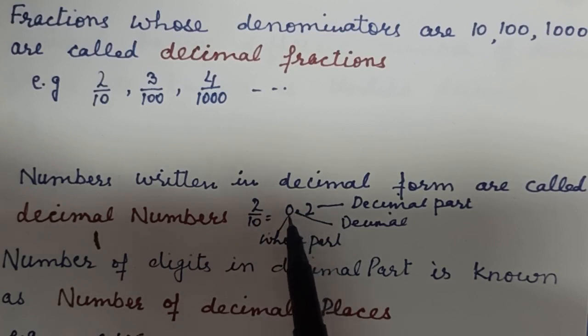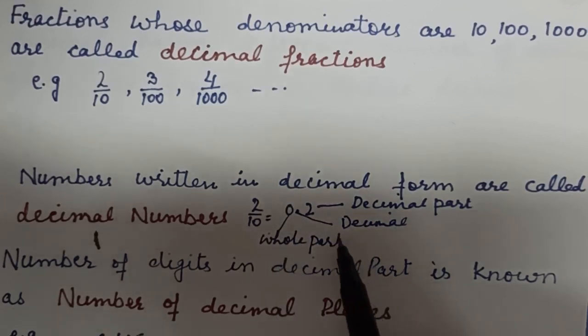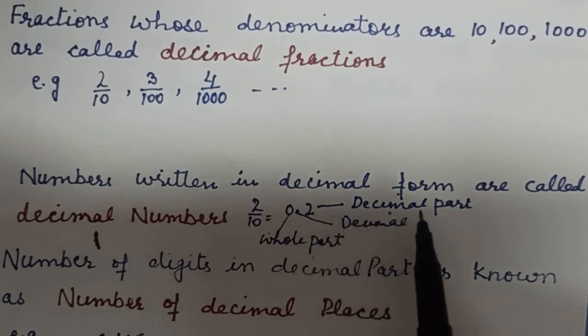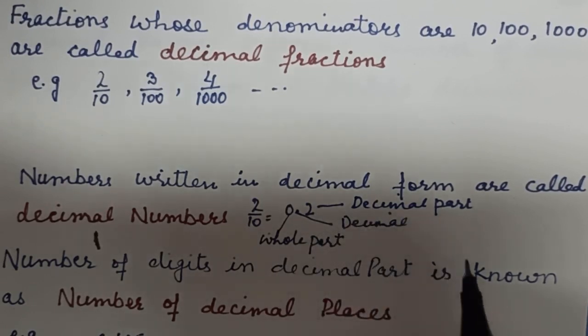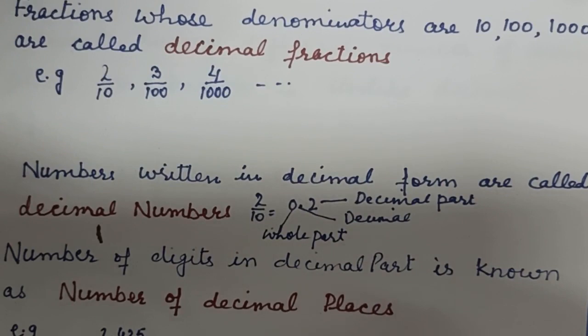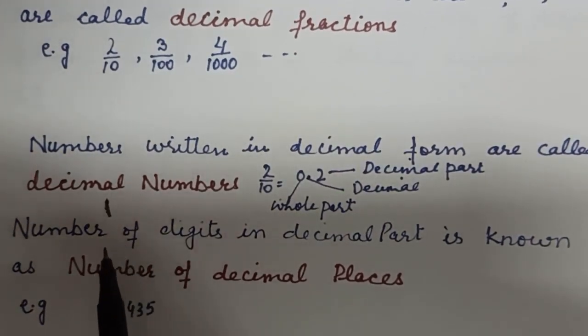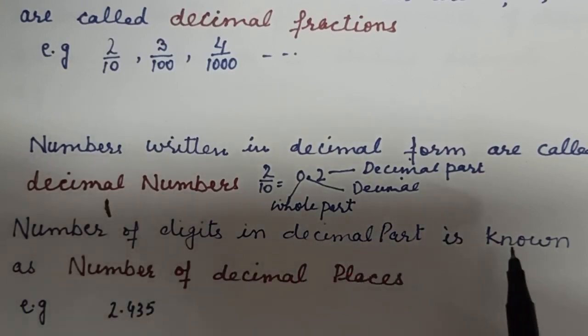So here in 0.2, this 0 is the whole part. This point is the decimal point and 2 is the decimal part. Alright. Then the number of decimal places. The number of digits in the decimal part is known as the number of decimal places.